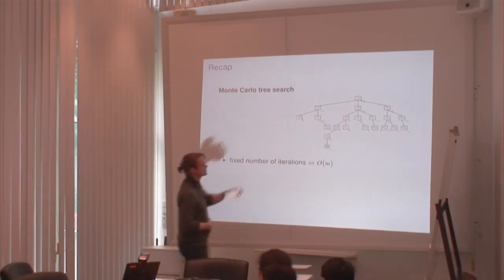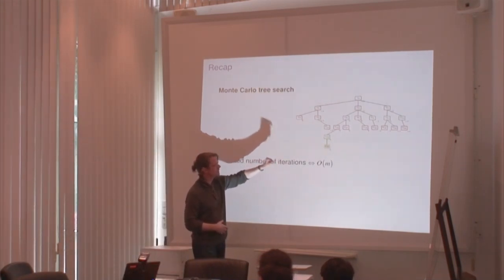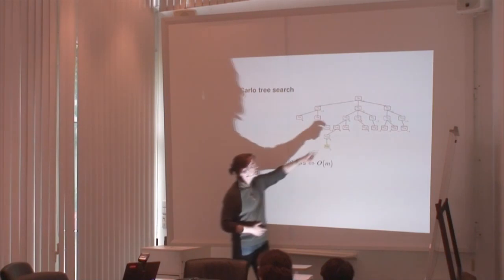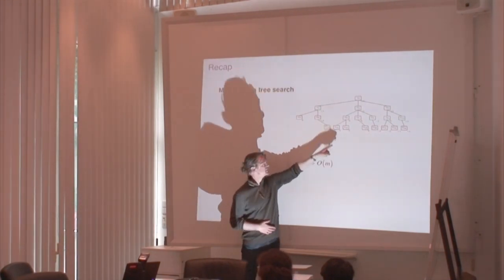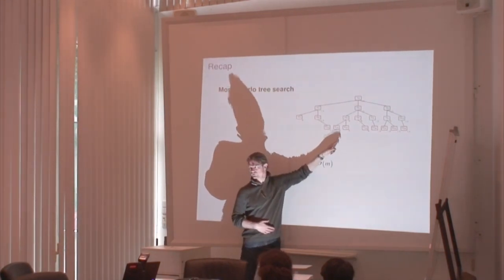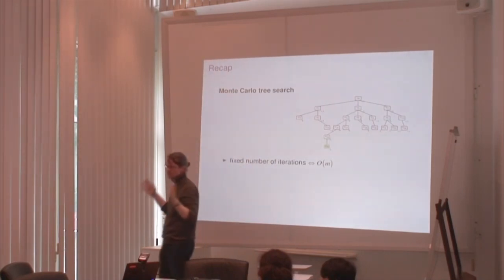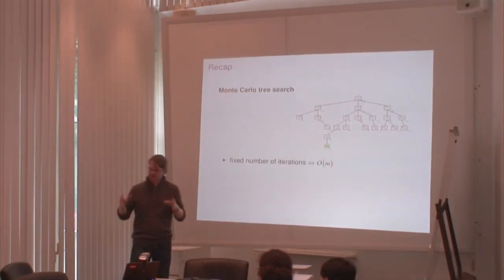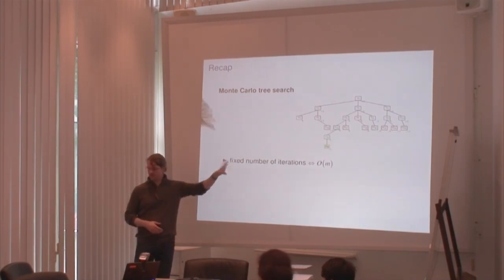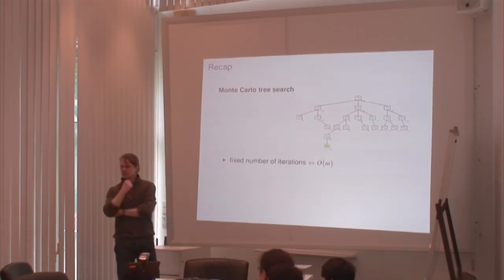So say this is iteration t, and in iteration t plus 1 we again reach this fringe node, then it would expand this node, which as it so happens is a leaf node, but that node would then be added to the tree. There is no random walk because that newly expanded node is already a leaf node. So on the second step it is not fully random, it is also a semi-random step.